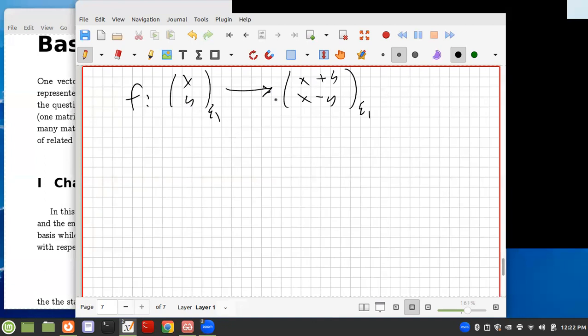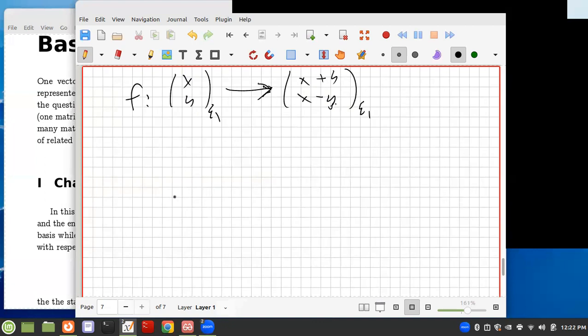So we have this map F from X, Y to X plus Y, X minus Y, and we have it in the standard basis. Implicitly, this has been in the standard basis, right? Because this has been X times 1, 0, Y times 0, 1.